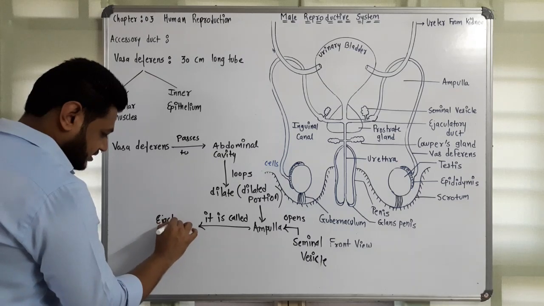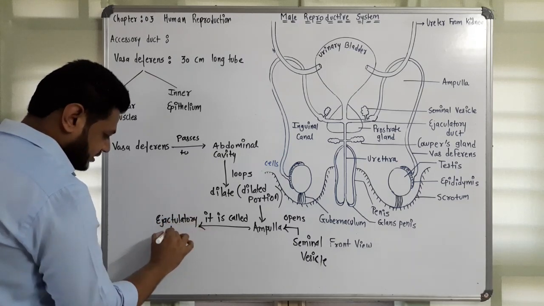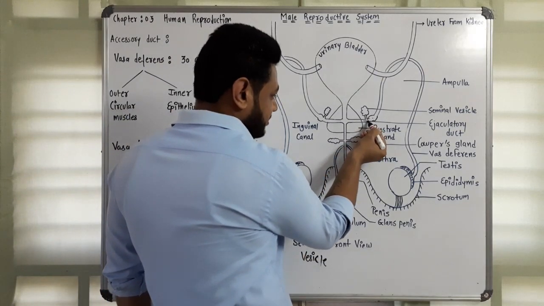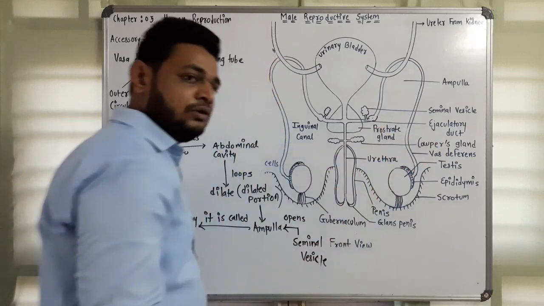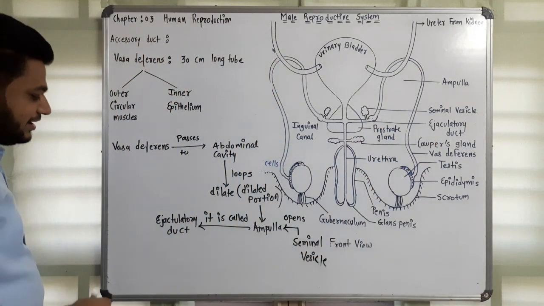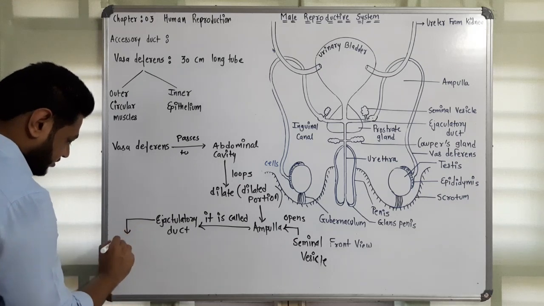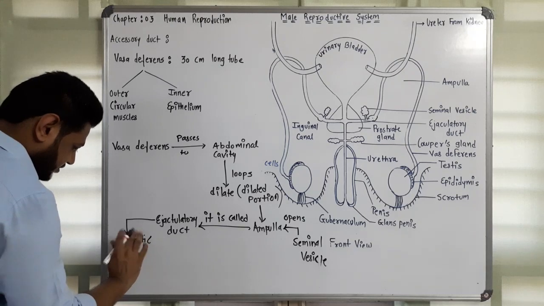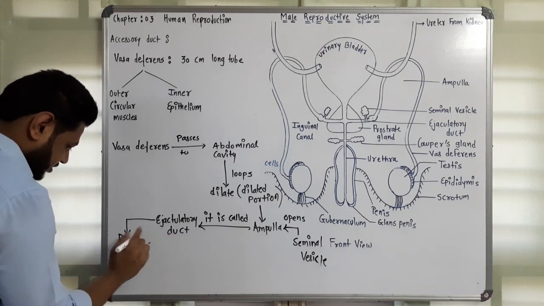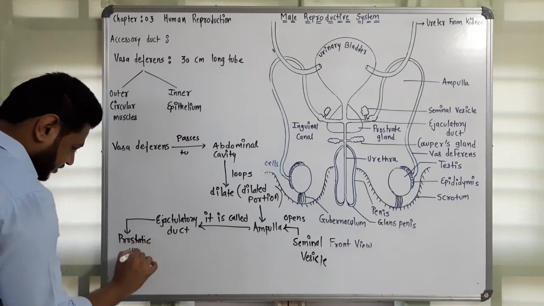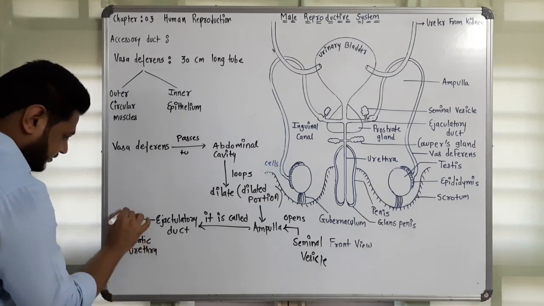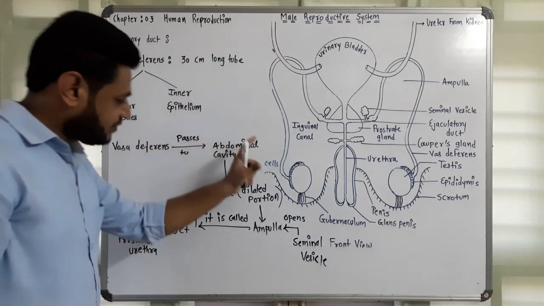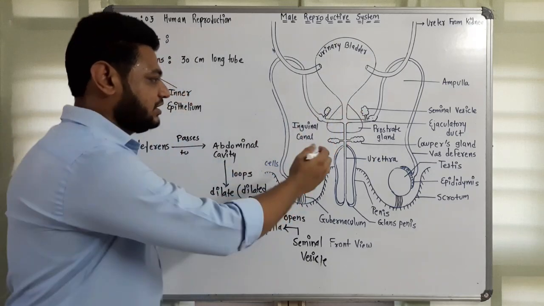So this is the ampulla where the seminal vesicle opens, and we have labeled the ejaculatory duct. This ejaculatory duct opens into the prostatic urethra. So this is the pathway, and this is the prostatic urethra.